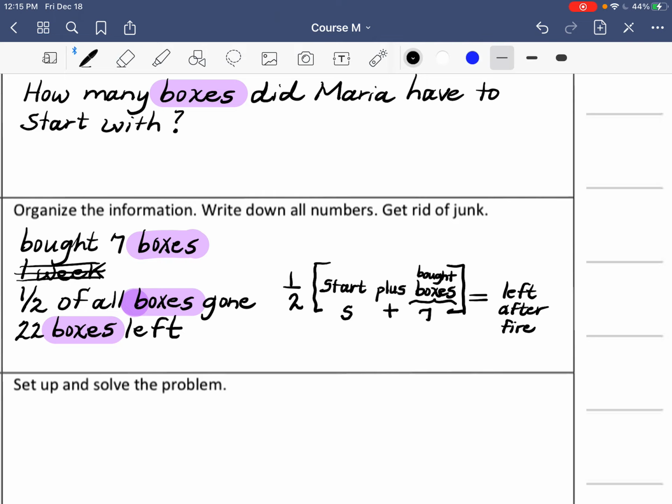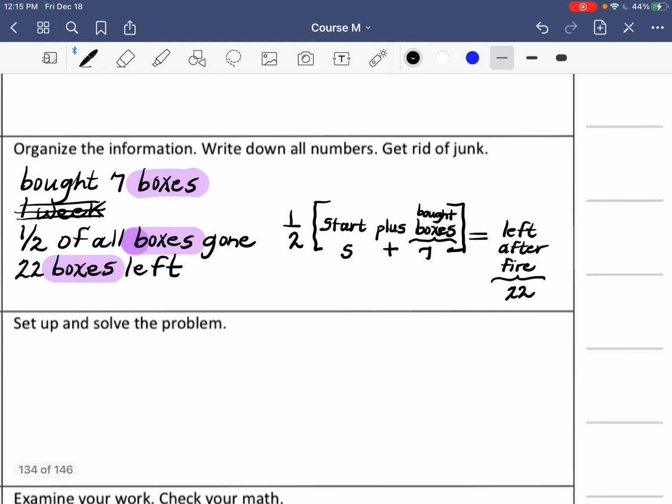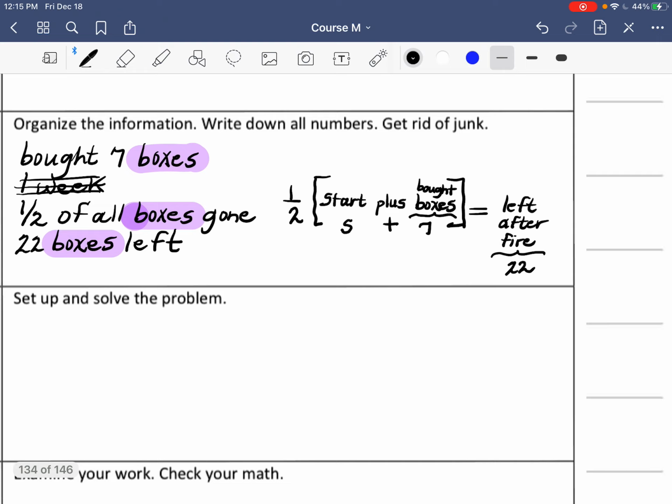That's what we don't know. We know 1/2. That's perfectly fine. How many were left after the fire? There were 22. So here's the setup. 1/2 of S plus 7 equals 22. And this is the equation that you and I need to solve.